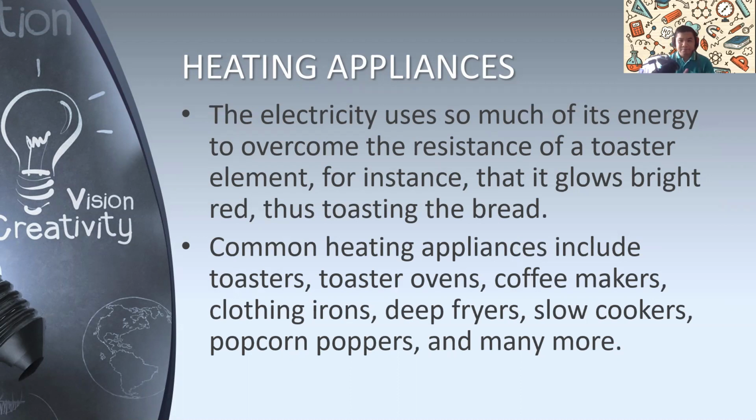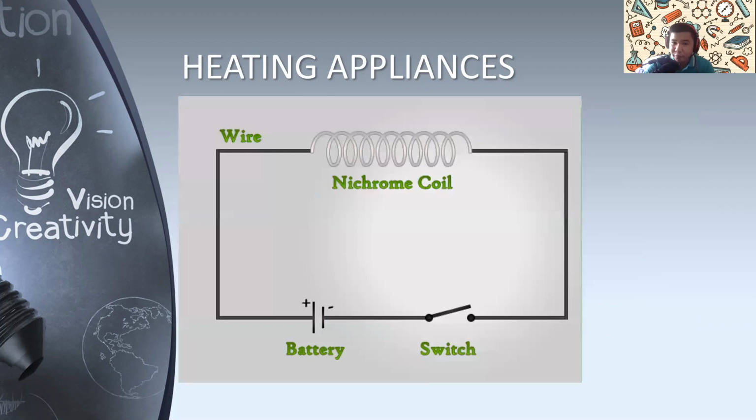Now, we are talking about heating appliances. Appliances that need heat. For example, your electric cooker or your rice cooker needs heat. So we use electricity to have heat. And how do we do that? By using this diagram. The nichrome coil is called the element.